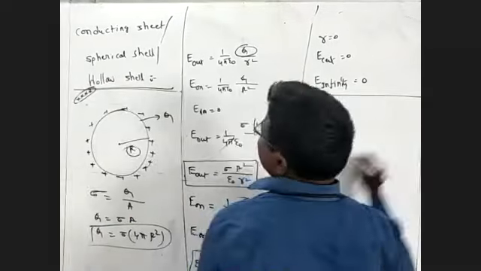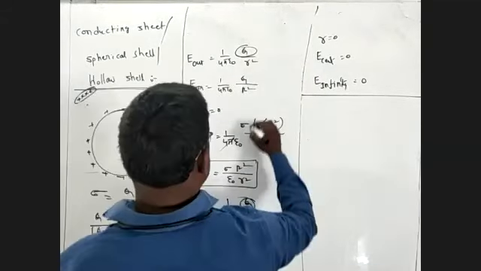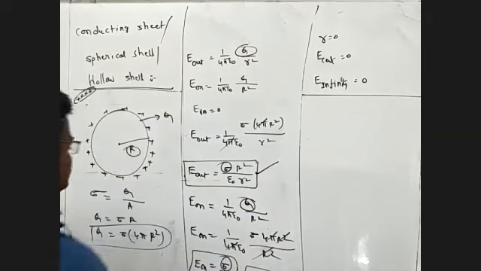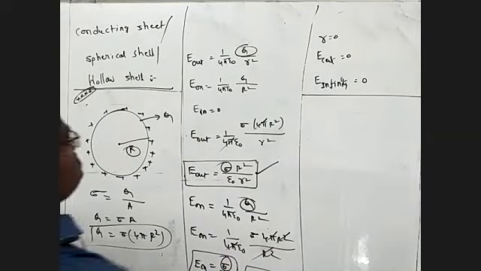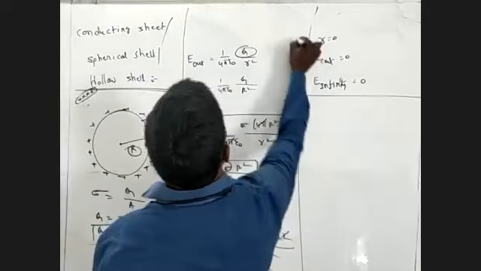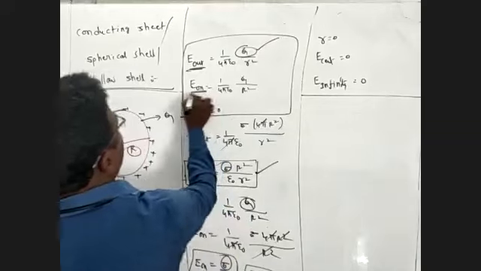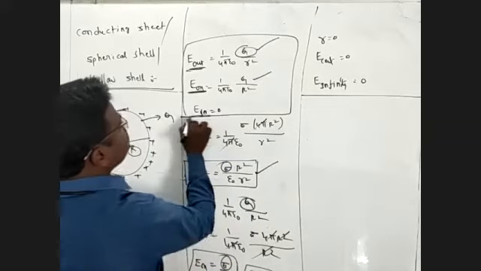So this is in terms of sigma, and this is in terms of charges. E out in terms of Q, E in is 0.